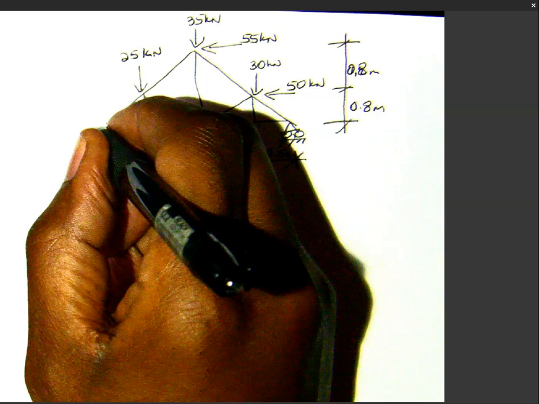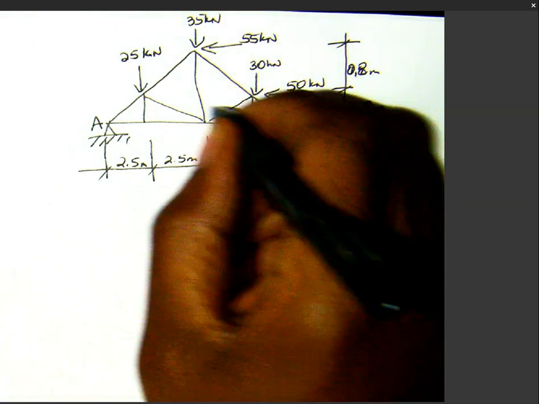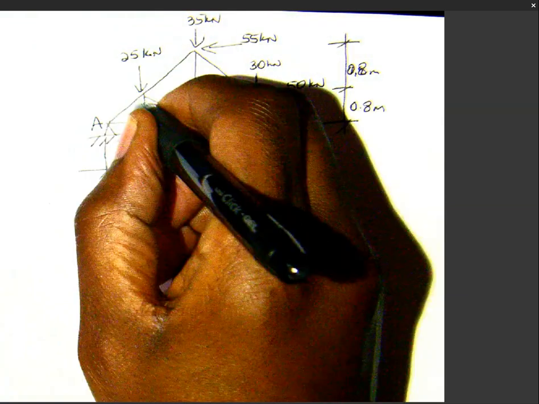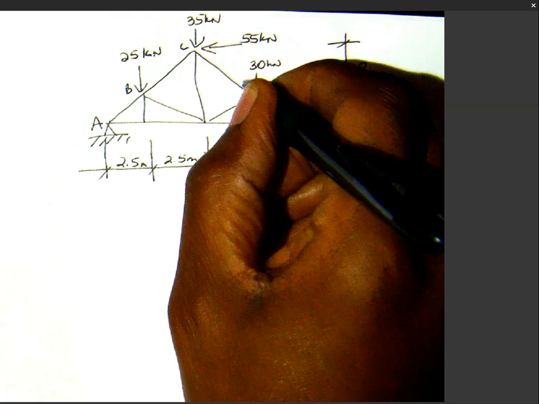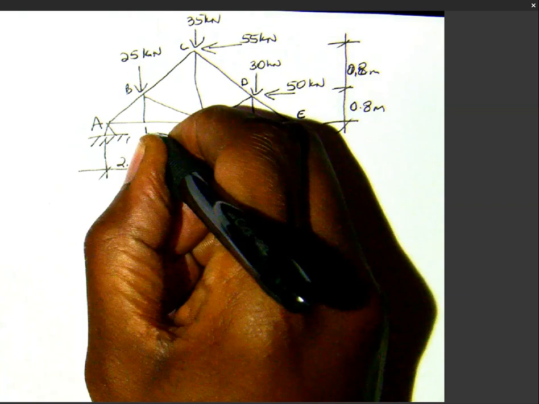A, B, C, D, E, F, G, H. Okay, that's my truss.